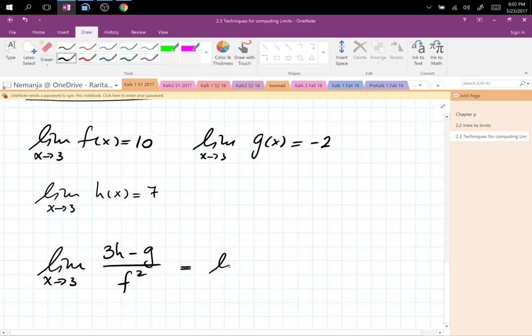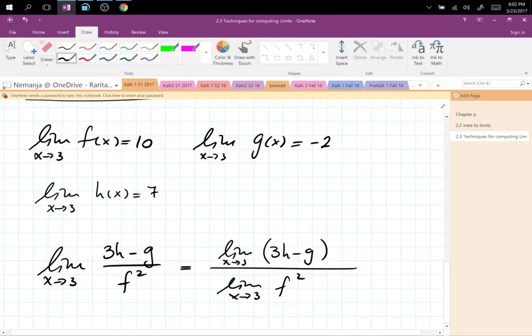You first have the limit as x goes to 3 of 3h minus g, division, divided by the limit as x goes to 3 of f squared.